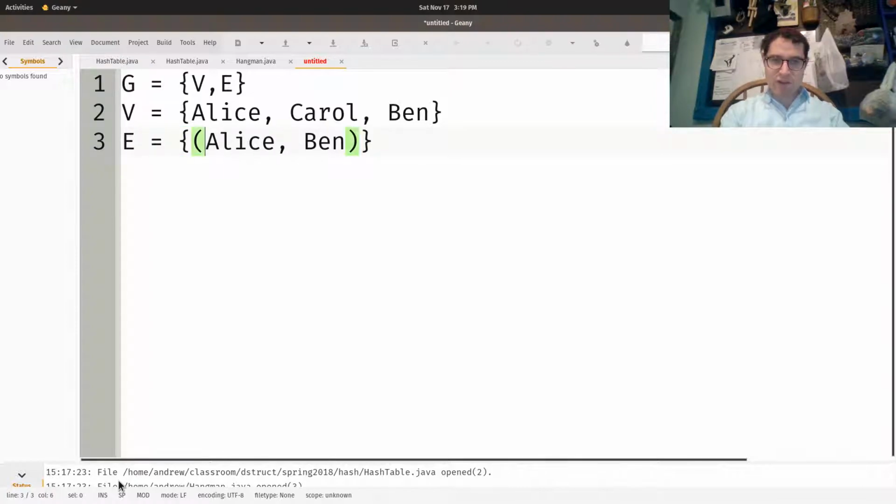This would represent some kind of relationship between Alice and Ben. But Ben and Carol, and Alice and Carol, don't have a relationship because neither of those are in the set. Alice and Ben have some kind of relationship, and it doesn't matter in this case whether Alice or Ben is first in this relationship.